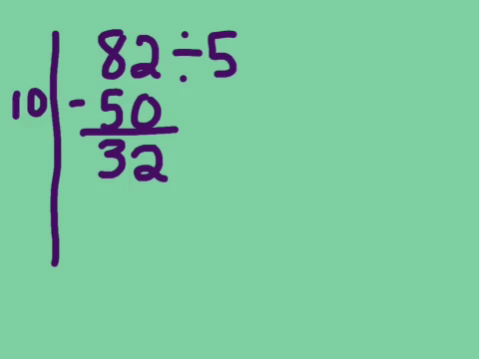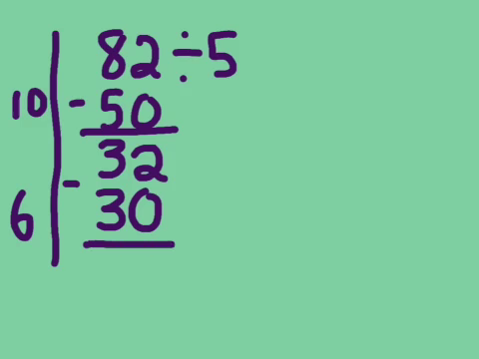How many groups of 5 could I make? Well, to me, an obvious answer would be I could make 6 groups of 5, which gives me 30. When I do that, I subtract and I have 2 left over. Can I make any more groups of 5 if I have 2? No, because 2 doesn't make up a whole group of 5 itself.